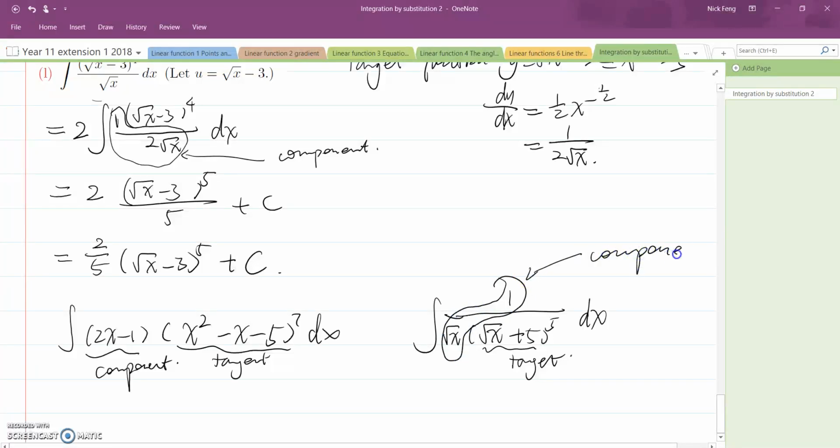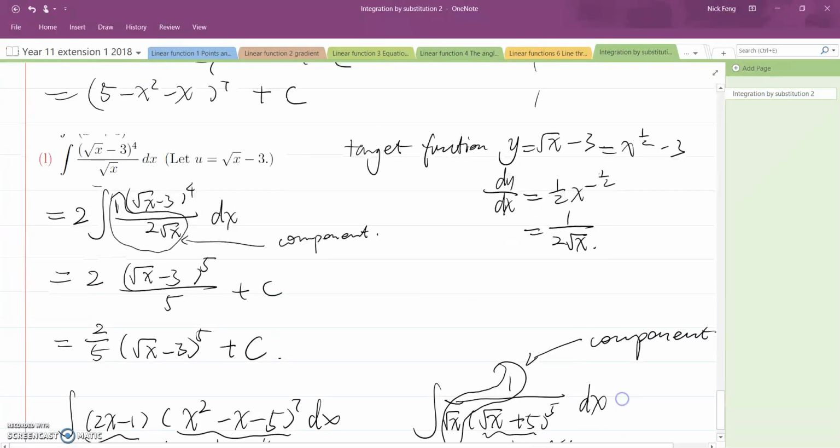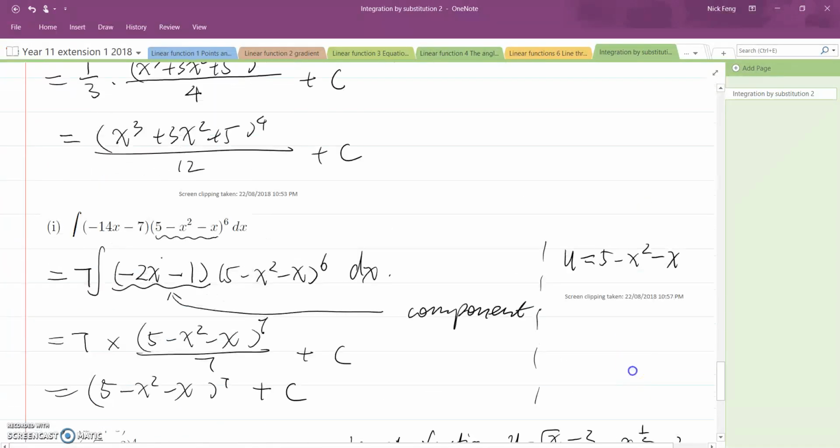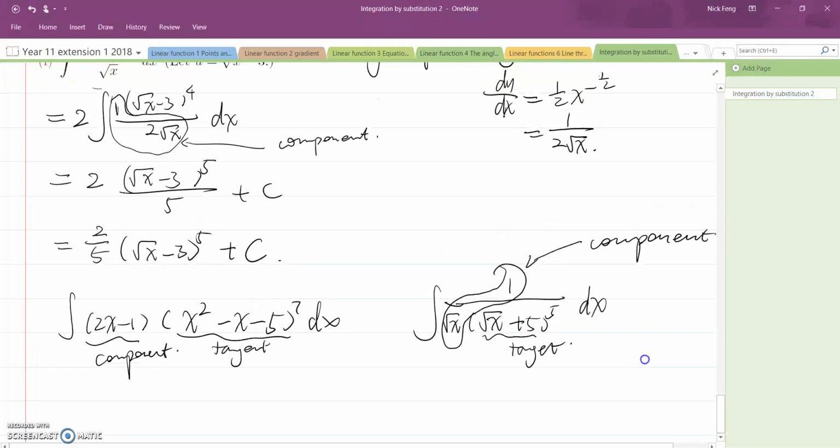Kind of the component, you still need a 2 though at the bottom, but you can manipulate the constant yourself. So now here is what we're doing today for integration by substitution, with and without substitution. If you don't use substitution, that's called reverse chain rule, technically speaking.